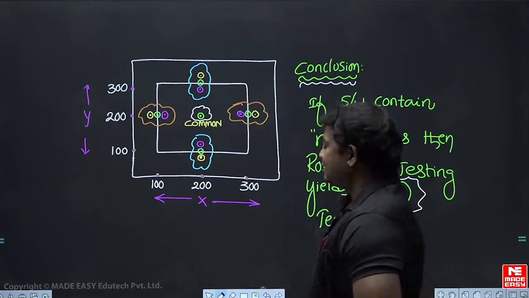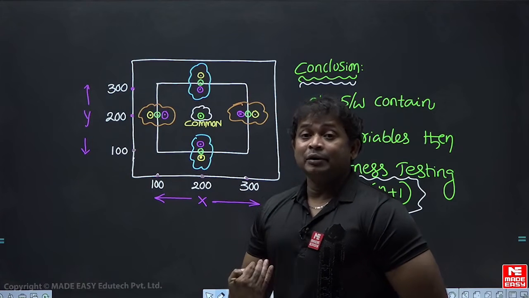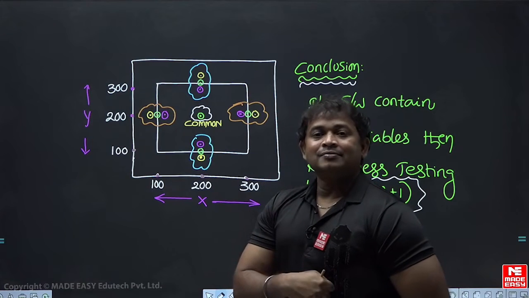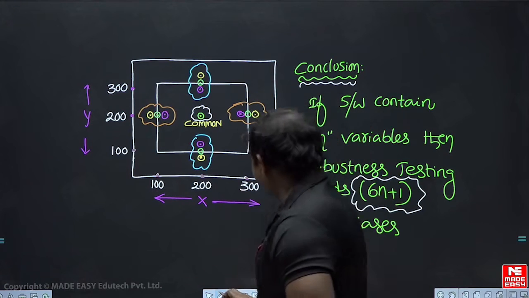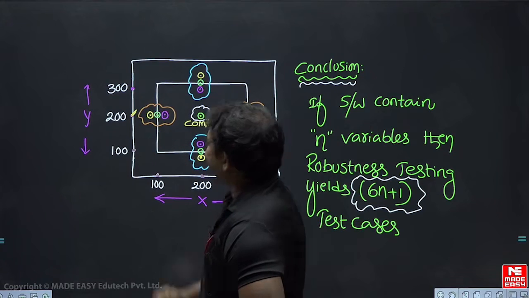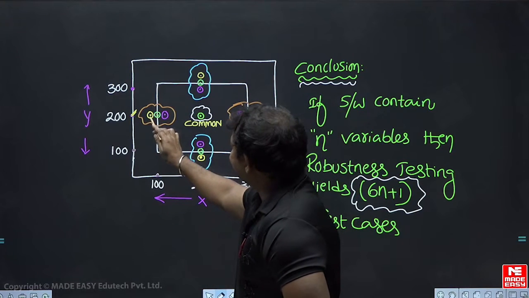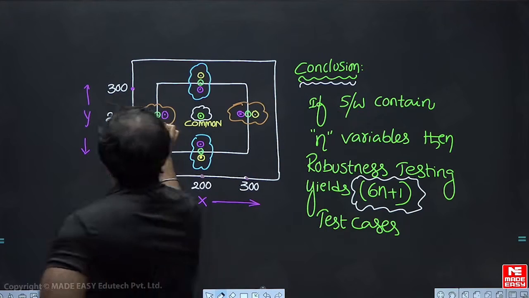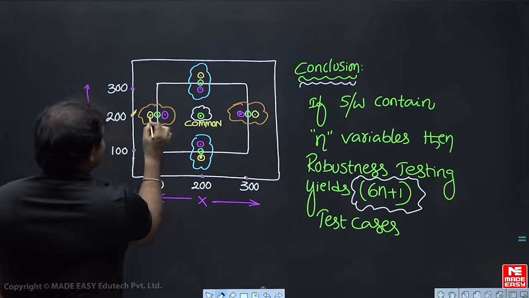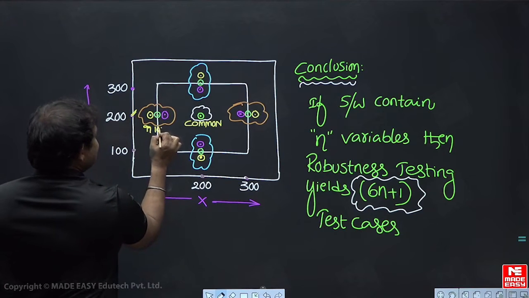Now see, when I want to test the x variable, I keep y in the center. Now this y is in the center, correct? Keep y in the center and test the x. Now see, this test case is 99, this is 100, this is 101.